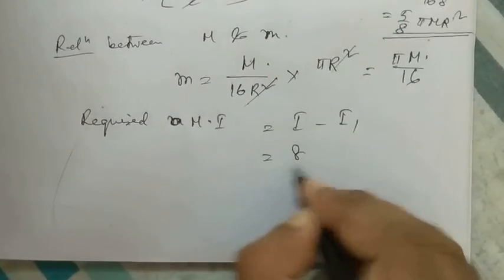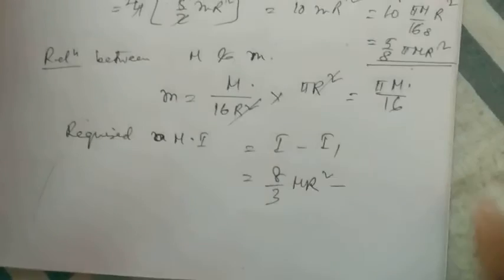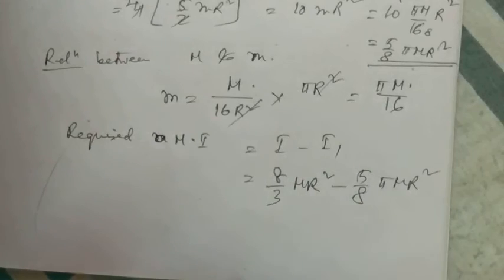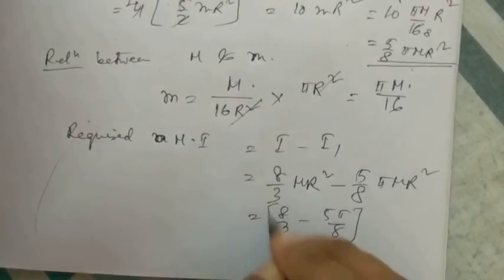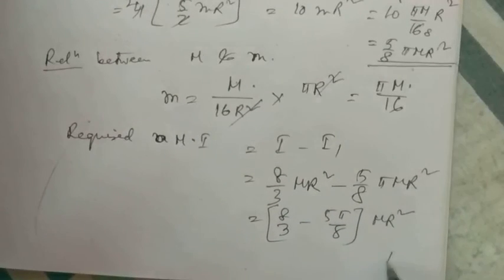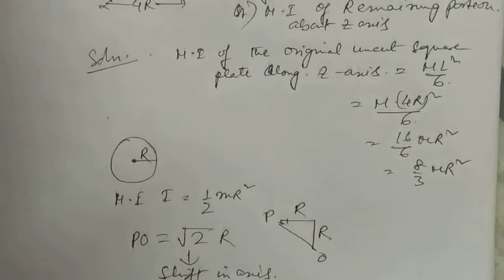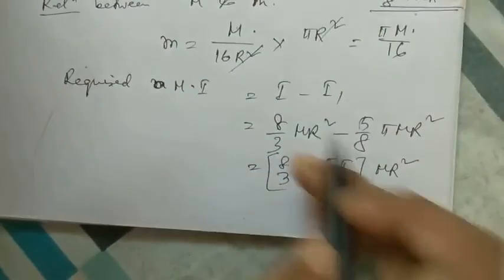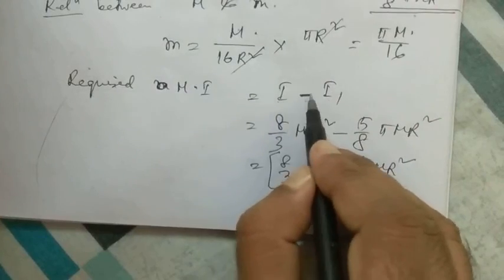So replace the value of I with 8 by 3 Mr square, minus the value of I1, which is 5 by 8 pi Mr square. Taking Mr square out of the bracket, this is the answer. As the 4 discs have been cut out from the original square plate, that is why we subtract the moment of inertia.